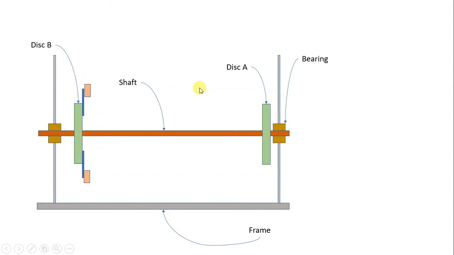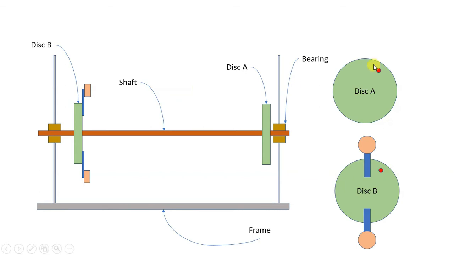This is the side view of disc A, and this one is disc B over here. On disc B we have attached this cross arm, and on this cross arm this orange circle is the weight attached to the disc. First we will twist the discs.